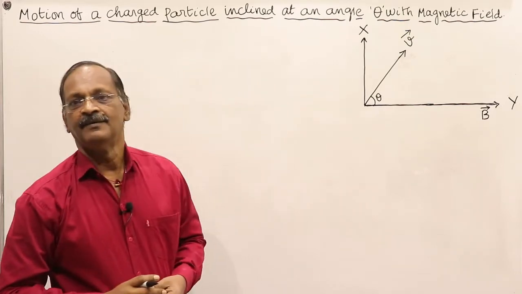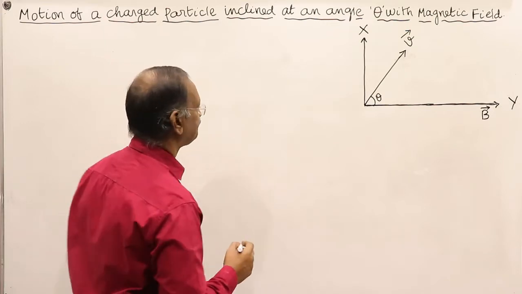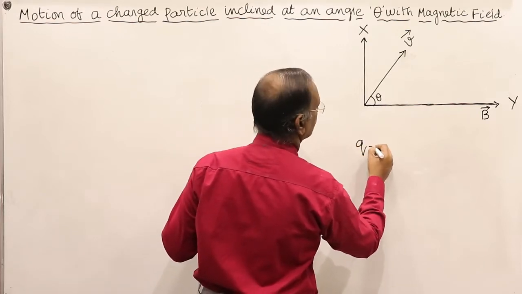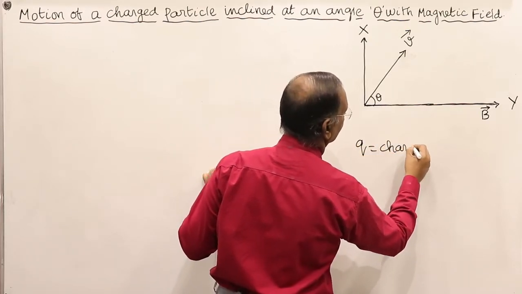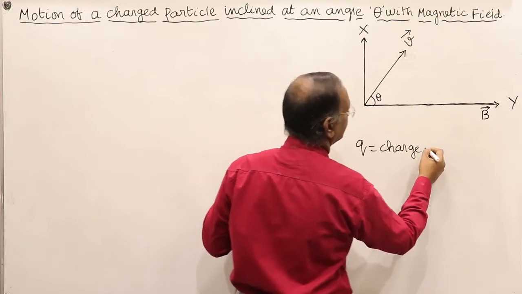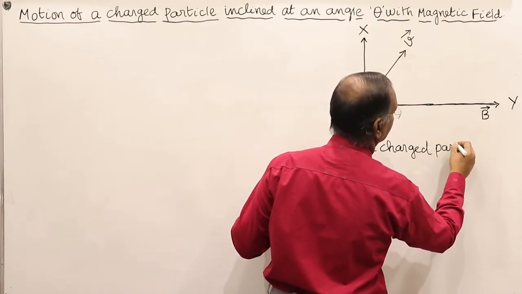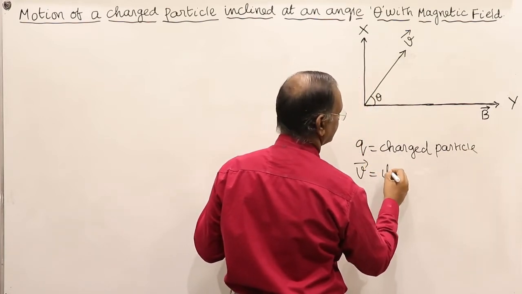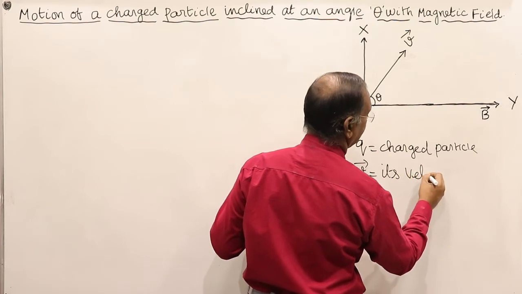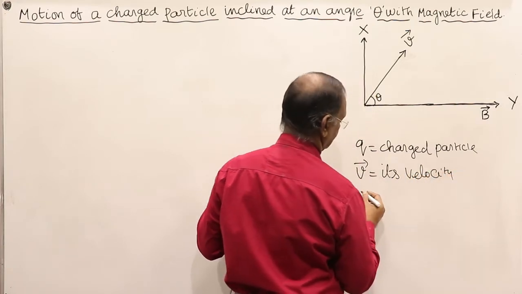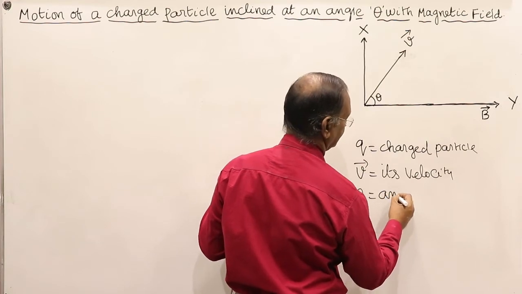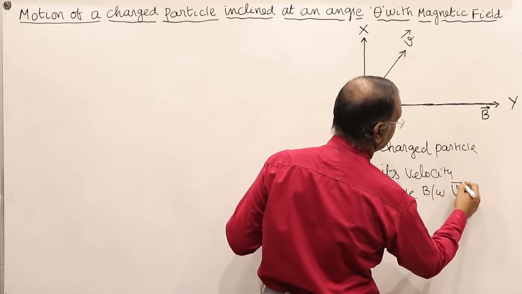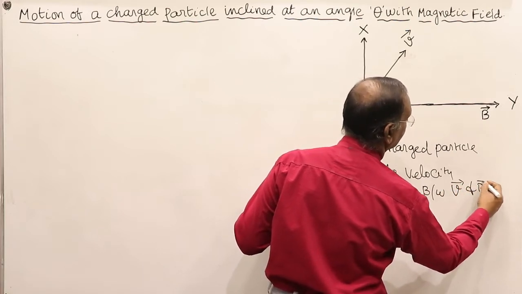So Q is equal to the charge of the particle, and v is equal to its velocity, theta is equal to the angle between velocity and the magnetic field.